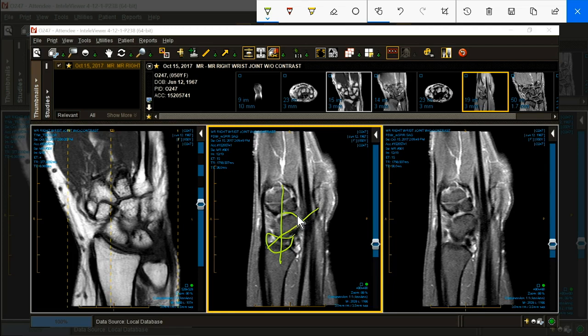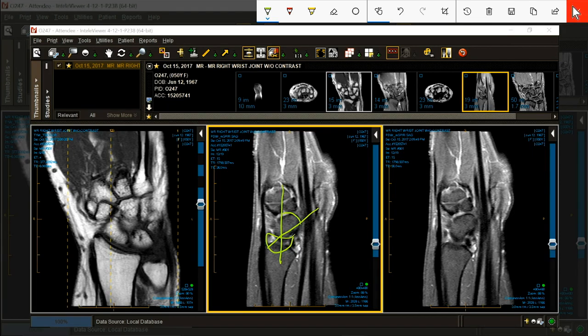If the lunate starts to tilt or rotate forward, that angle will alter. If the lunate tilts back, that angle will alter. And I will show you how it alters in a moment.